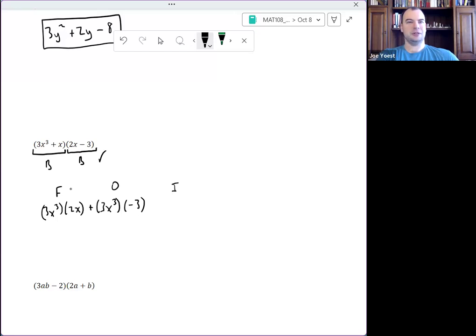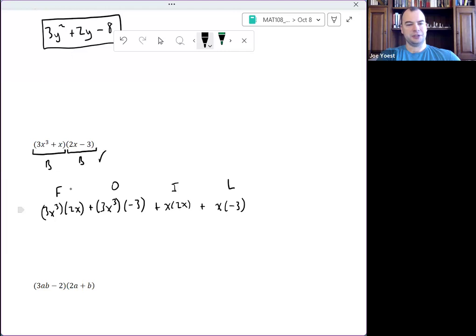For me, I think that's a little bit less error prone than the other way, although I think they're pretty close for most folks. My inners are x times 2x, and my lasts are x times negative 3. This way, I don't have to deal with plus or minus signs while I'm trying to multiply the terms out. I just put all the negatives in the terms, and I'll deal with the plus and minus signs later on.